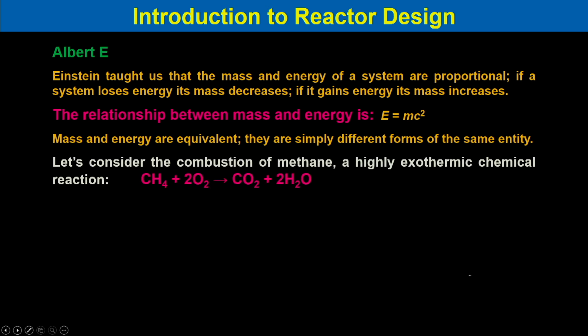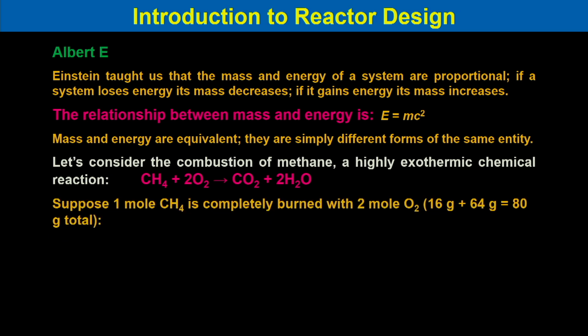So, let us consider the combustion of methane. This reaction of combustion of methane is a very highly exothermic chemical reaction. As we can see, methane reacts with oxygen and forms carbon dioxide and water vapor, H2O. So, when this reaction occurs, if we look into the stoichiometry, 1 mole of methane is completely burned with 2 moles of oxygen.